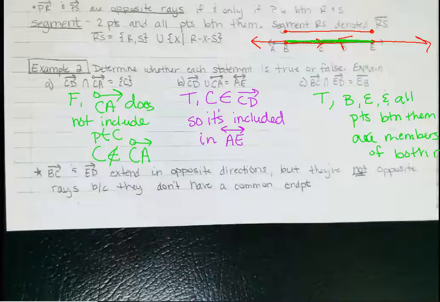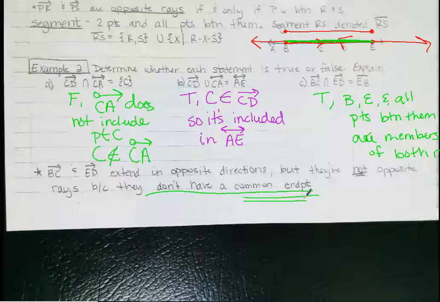All right, one important thing to note, ray BC and ray ED extend in opposite directions, but they are not opposite rays because they don't have a common endpoint. They have to have the common endpoint to be opposite rays.